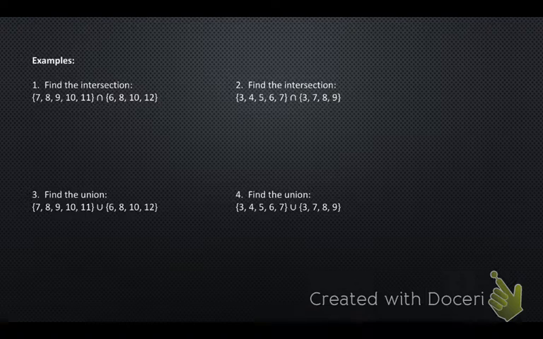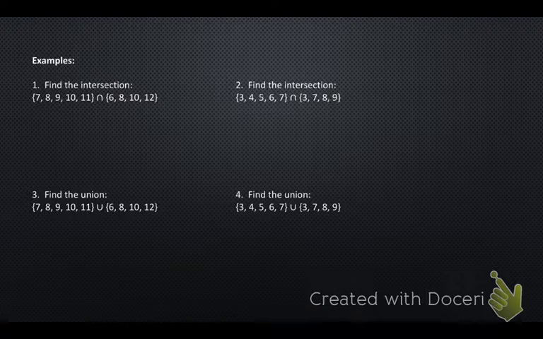So then on the first 4 for the examples, it says find the intersection of the first set of 7, 8, 9, 10, and 11 with the set with 6, 8, 10, and 12. So what's my overlap on 1? Do I have an overlap? Is there one element that's in the first set that's also in the second one? Okay, I got head shaking.